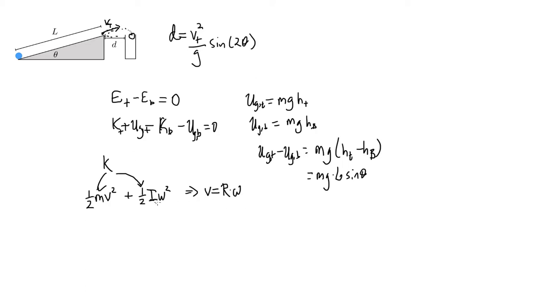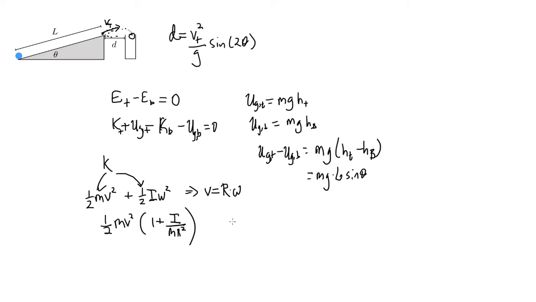And as we've done in lecture, you can make this substitution in here to find that the kinetic energy is equal to 1/2 m v squared times 1 plus moment of inertia divided by m r squared. This first term is telling me how much of the energy goes into moving the ball, and the second term tells me how much energy goes into rotating the ball.